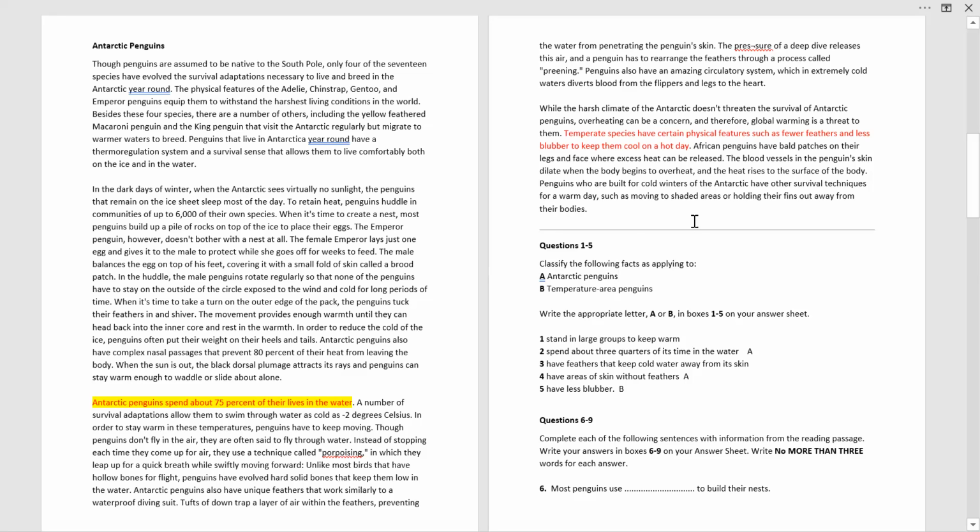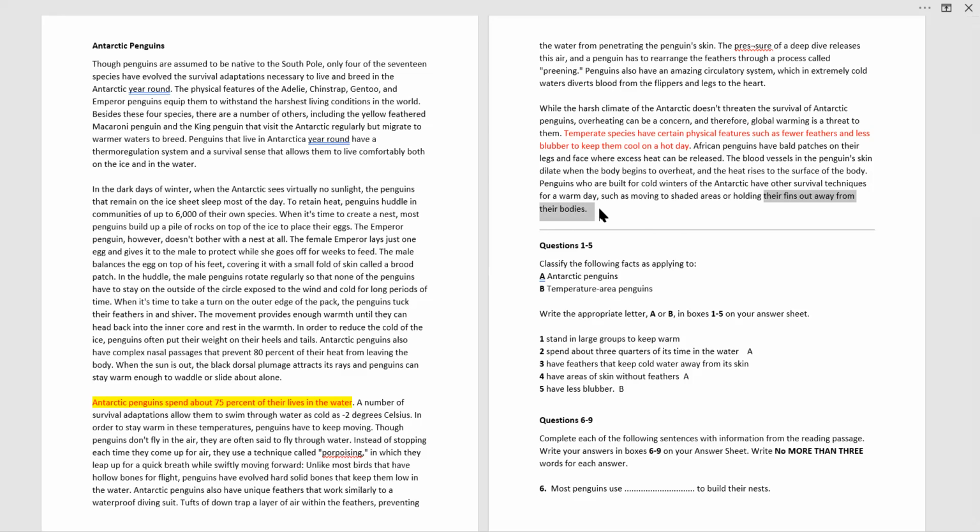Okay, so it says that they just have feathers that keep cold away from its skin. So for a warm day survival technique, that keeps cold water away from its skin.